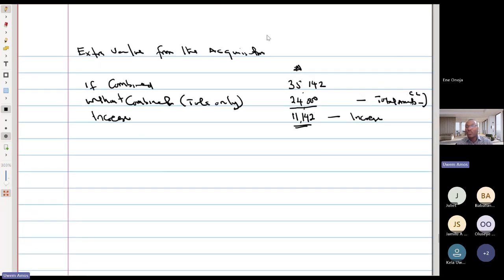What that basically shows is that the increase is 11,142. So if they are going to buy Iya, they cannot pay more than 11,142, because that is the amount that Iya is bringing into the combined entity.